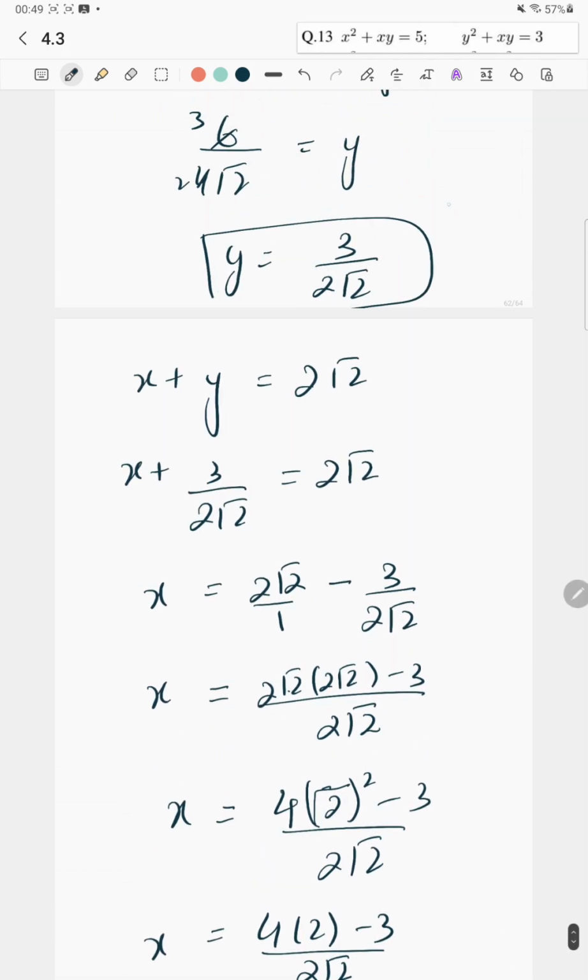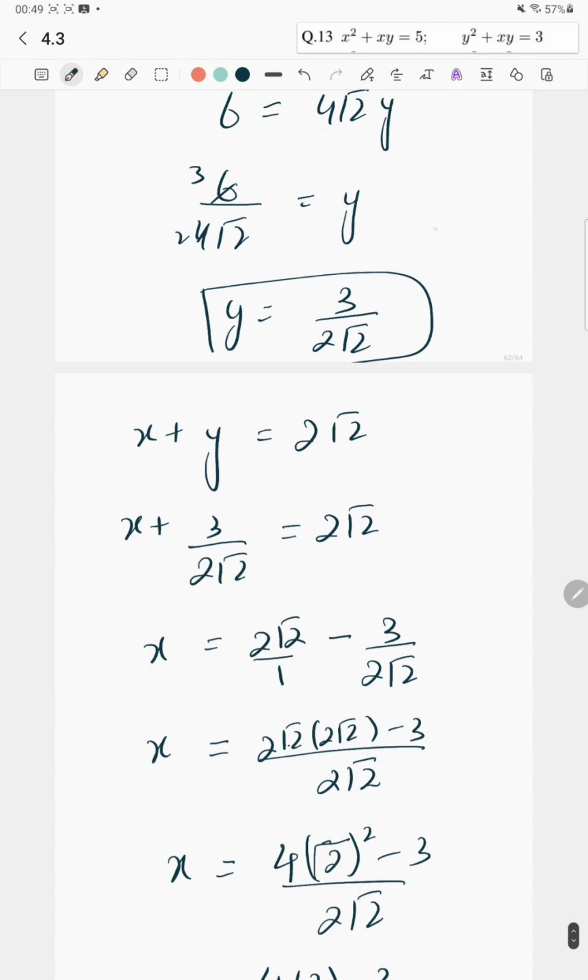Also for y, I can rationalize it. y is equal to 3 over 2 square root 2. So I can multiply with 2 square root 2 and divide with 2 square root 2. So we can just remove the radical sign from the denominator. 4 into 2, it's 2 times 1 is 2, 2 times 3 is 6. So it's going to be 3 square root 2 by 4.